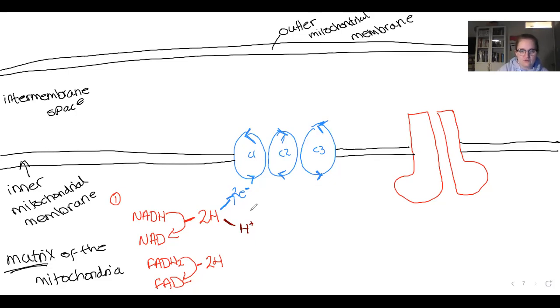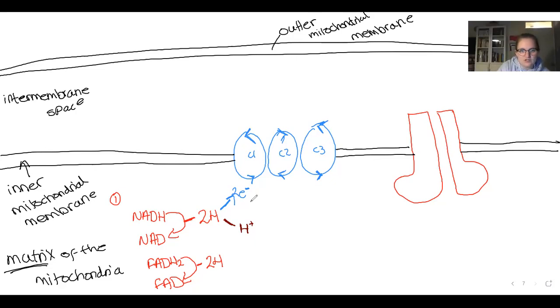The electron is taken up by one carrier, moves across to the next one, and the next, and loses energy each time. This energy is really important, because it is used to pump protons from the mitochondrial matrix into the intermembrane space.